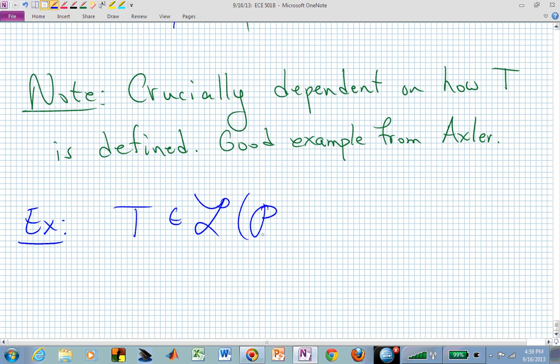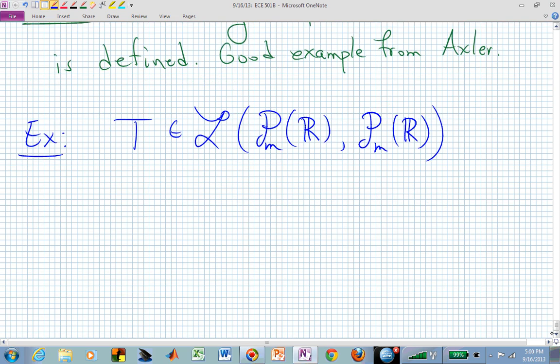P sub m, polynomials of order m, that's our domain, and let's say that our range is the same. Polynomials of order m. And let's say that T is our differentiation map.